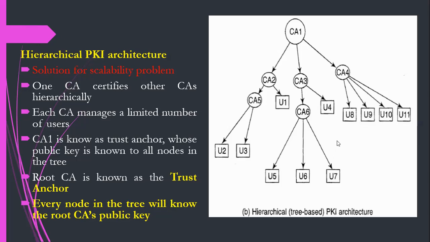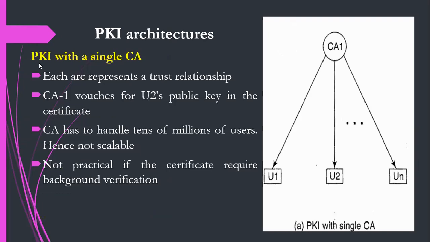Likewise, you can manage the scalability issue by adding users under the particular certification authority who owns fewer users. Hence this is a hierarchical PKI architecture, which provides a solution to the very first one, a PKI with a single certification authority, which has the problem of scalability.